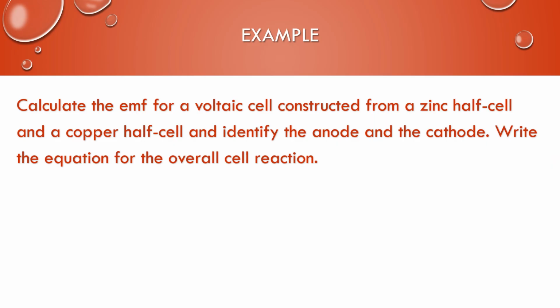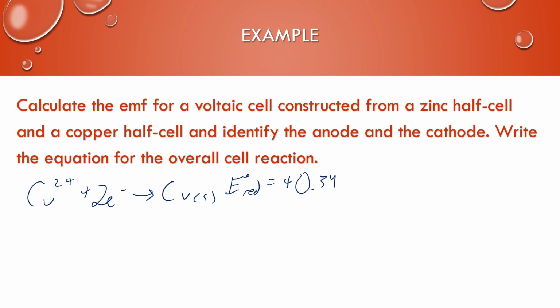Okay, so let's look at a couple examples. We want to calculate the electromotive force for a voltaic cell constructed from a zinc half cell and a copper half cell, and identify the anode and the cathode. So you need to look in section 19 in your data booklet, and you'll find we have our copper ions going to solid copper. The reduction potential for that is positive 0.34 volts.